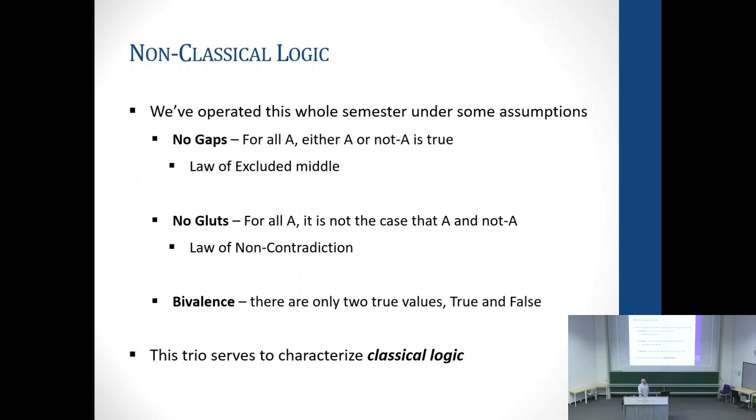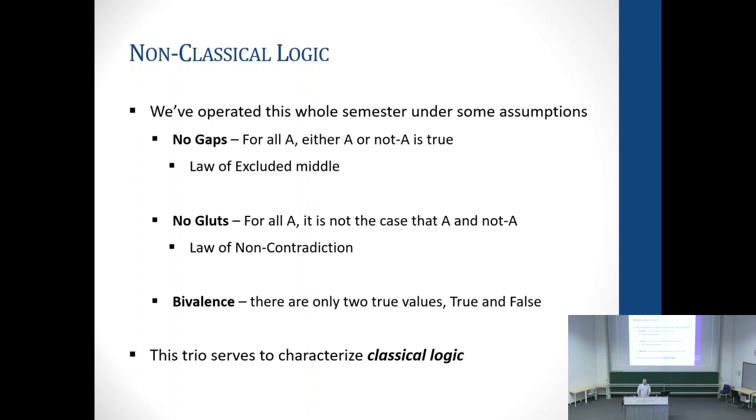This trio serves as the foundation for classical logic. And in fact, what we've talked about this whole semester has been classical logic. TFL and FOL are both variants of this broad family, all characterized by these three assumptions. Now, the neat thing is, as I was trying to say just a second ago, logical systems are tools.